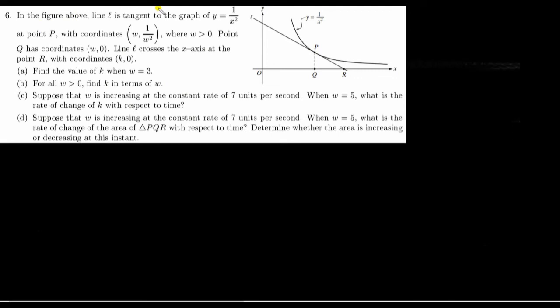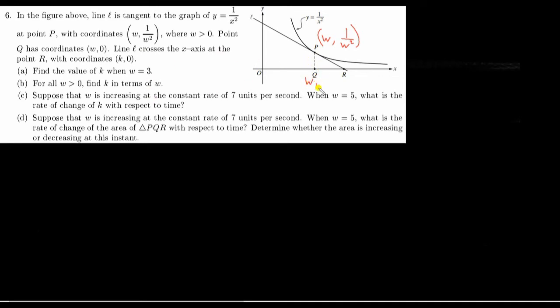So we have a figure above, line L is tangent to the graph of y equals 1 over x squared. So we have this curve here, and then this is the tangent line at point P. And the coordinates of point P are w comma 1 over w squared. I think that's worth labeling. W comma 1 over w squared, where w is greater than 0. And then point Q, which is vertical to P, has coordinates w comma 0.